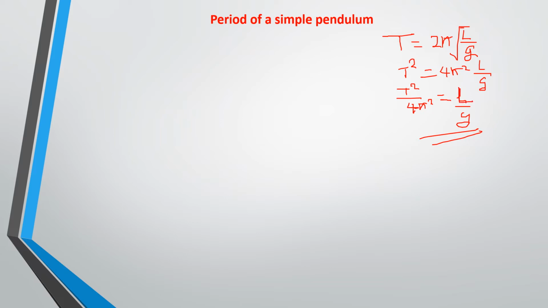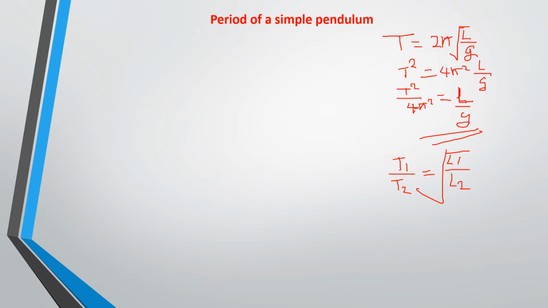Now in a case where you have two pendulums that are oscillating together, you can relate the two by this simple equation: the period of the first pendulum all over the period of the second pendulum is equal to the square root of the length of the first pendulum all over the square root of the length of the second pendulum.